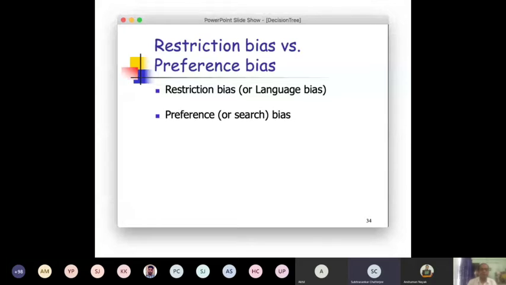This part we also considered in the previous class: there are two kinds of bias that you can observe if you compare this decision tree based technique with the concept learning technique. One is the restriction bias, where the hypothesis space itself is constricted. That means you are not taking the complete hypothesis space. Your hypothesis structure is such that there is a certain subset of the hypothesis space which you are allowing as the form of a target function.